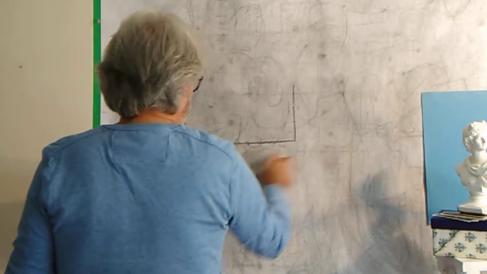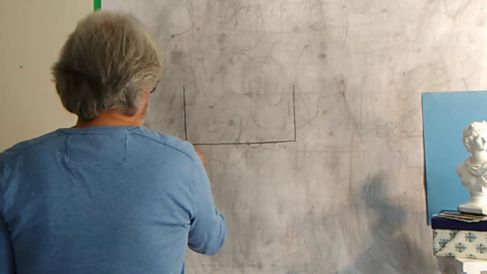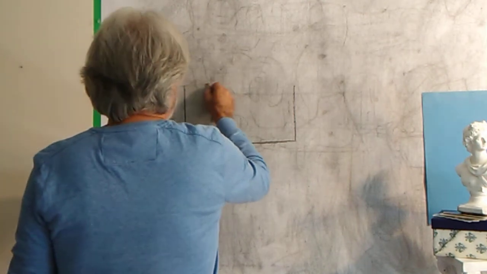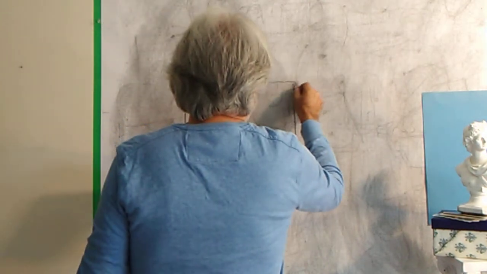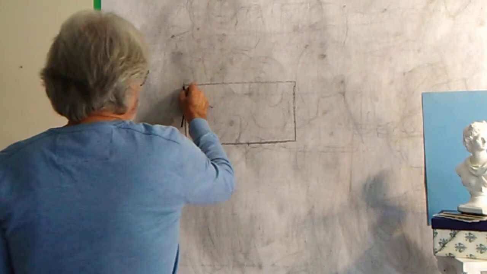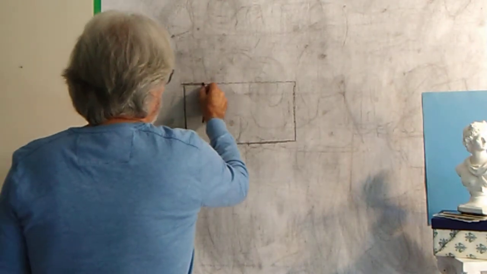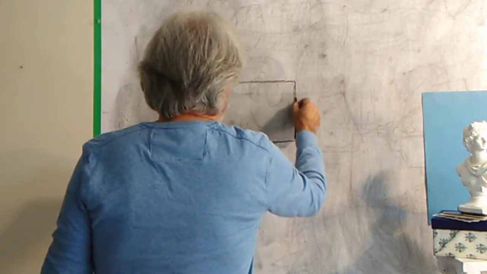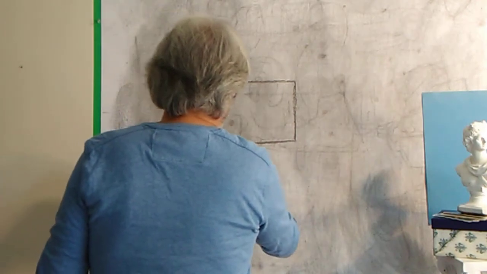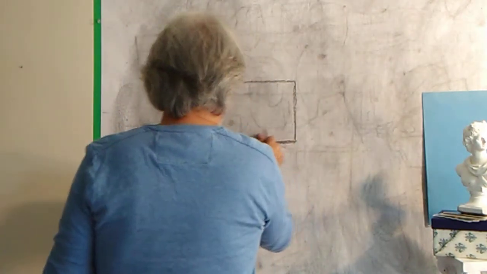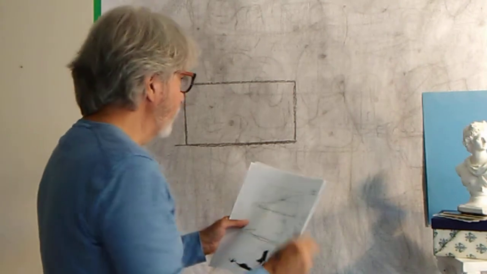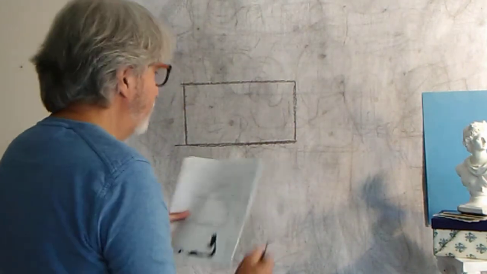I'm going to extend this on this side just because those are going to be where my construction lines will be. So this is now the right relationship for the object. So now we got the height and the width plotted.